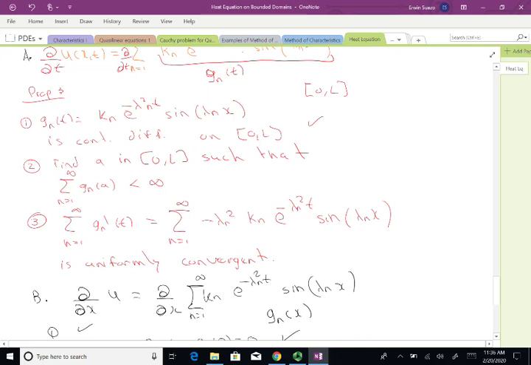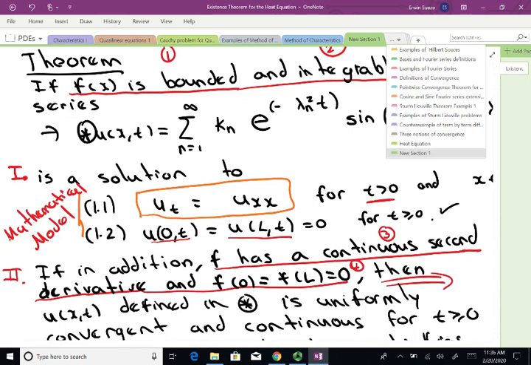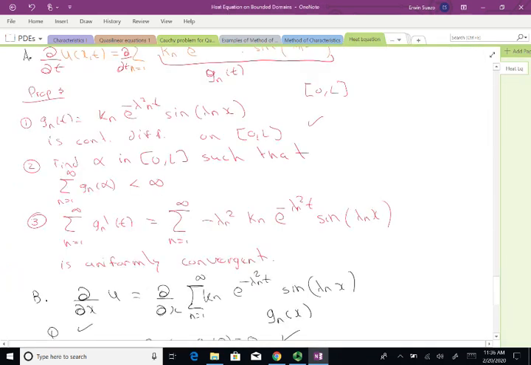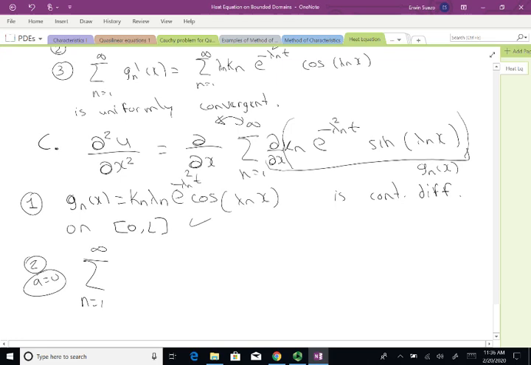so let me change it, instead of A, let me call it alpha, because we were using A here, right? So it doesn't have to do with this A. I don't want to confuse you. So you have found some alpha in the interval such that this sum is convergent. So we need to find A, and in this case A is 0, and g_n of 0 is what?